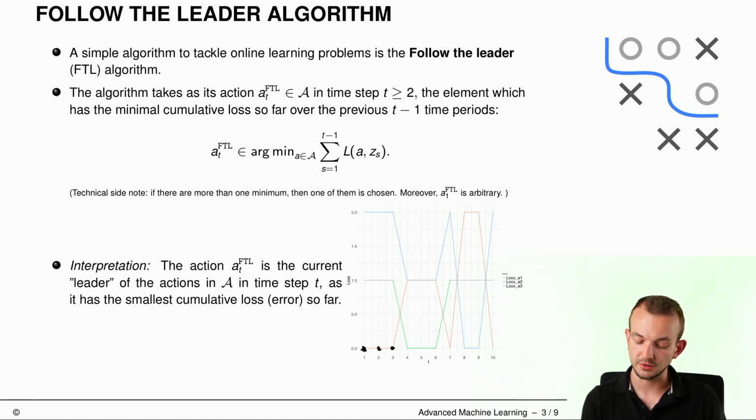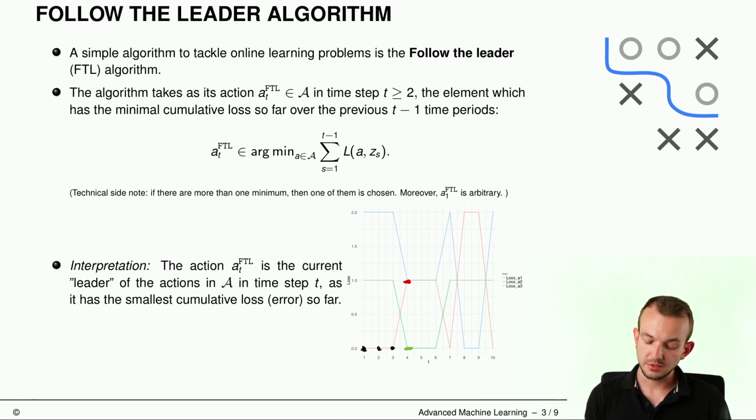The blue one started with a loss of 2 and then a loss of 0. And then it might happen that the green one is suffering a loss of -1, so that its cumulative loss is jumping down to 0, but the red one in time step 4 is suffering a loss of 1, so its cumulative loss is jumping up to 1.